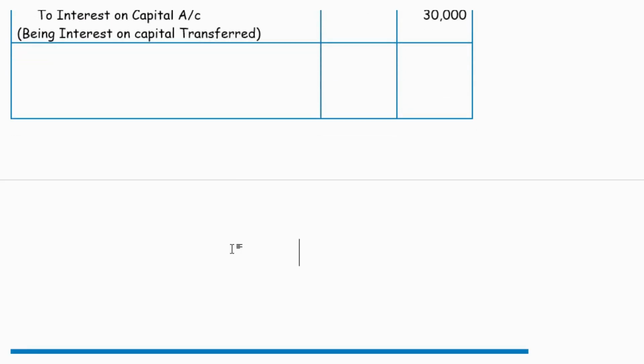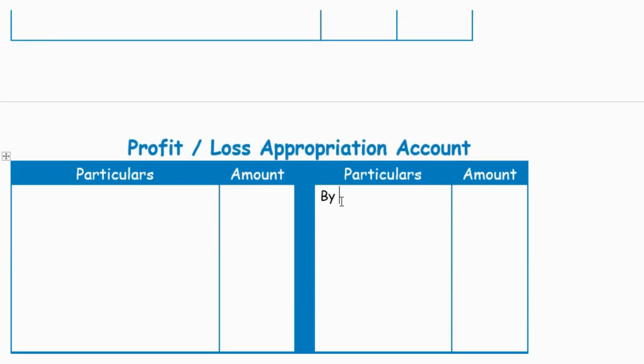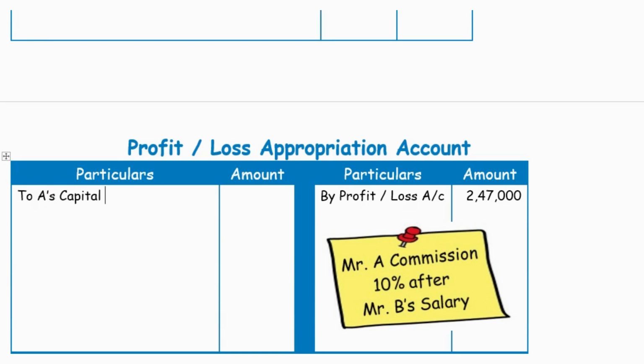The last entry is for transferring the profit share to the partners, to be arrived at after preparation of the profit or loss appropriation account. We have estimated that the available divisible profit is 2,47,000, which we have transferred from the normal profit or loss account. So 2,47,000, and to A's capital account the transfer is for commission.